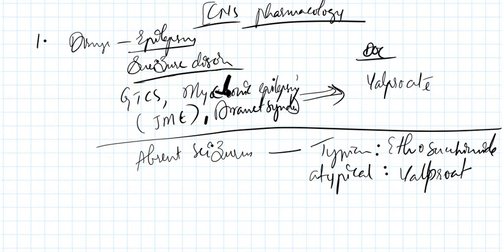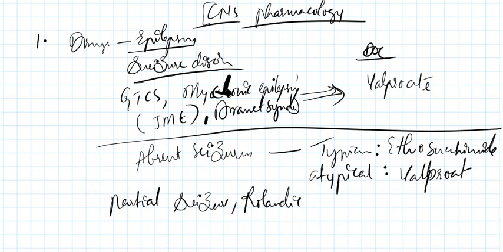And if a patient is suffering with partial seizures or Rolandic epilepsy, then your drug of choice will be carbamazepine.